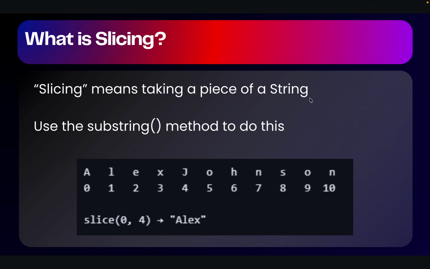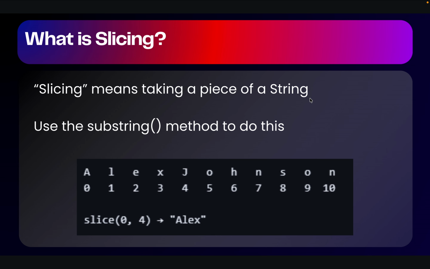So slicing means that we are taking various pieces of a string or a piece of a string. And to use slicing in Java, you would use the substring method. And this will allow you to slice your string into different values.